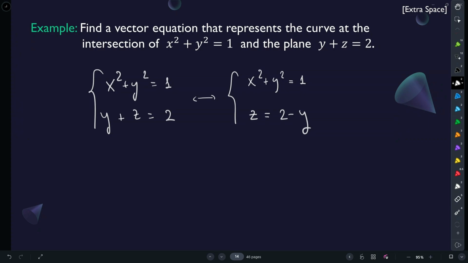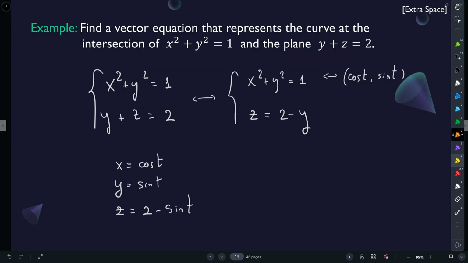And then what I did is parameterize this as cosine t, sine t. So I already have that x is cosine t, that y is sine t, and the z value is 2 minus y, but y is sine of t, so this is 2 minus sine of t.